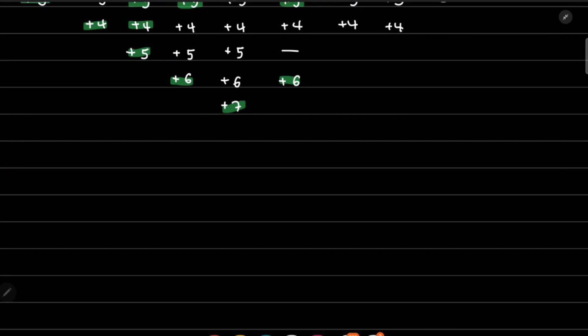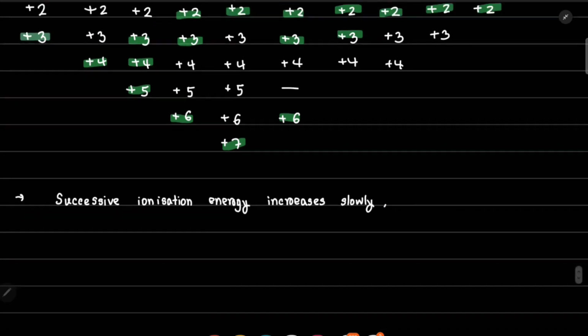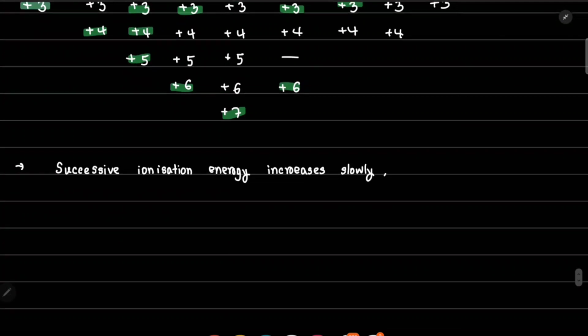In case of transition metals, we can call that the oxidation number or oxidation state interchangeably, and the successive ionization energy increases slowly for d block elements.